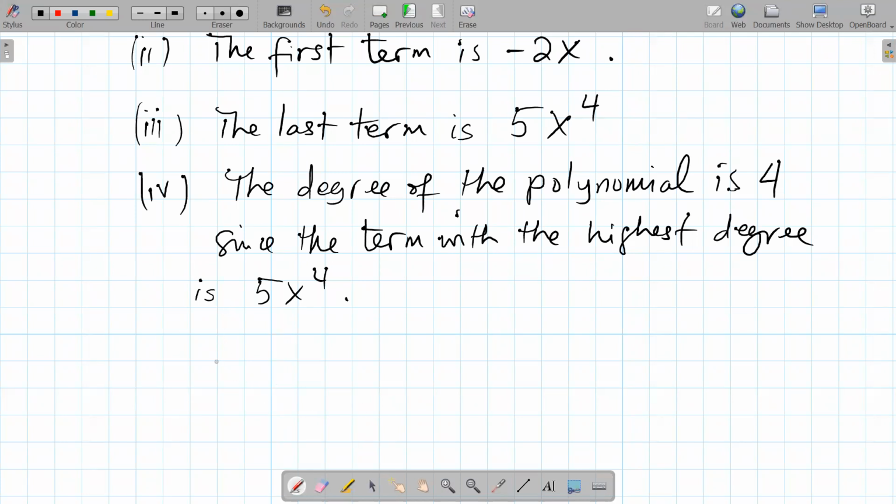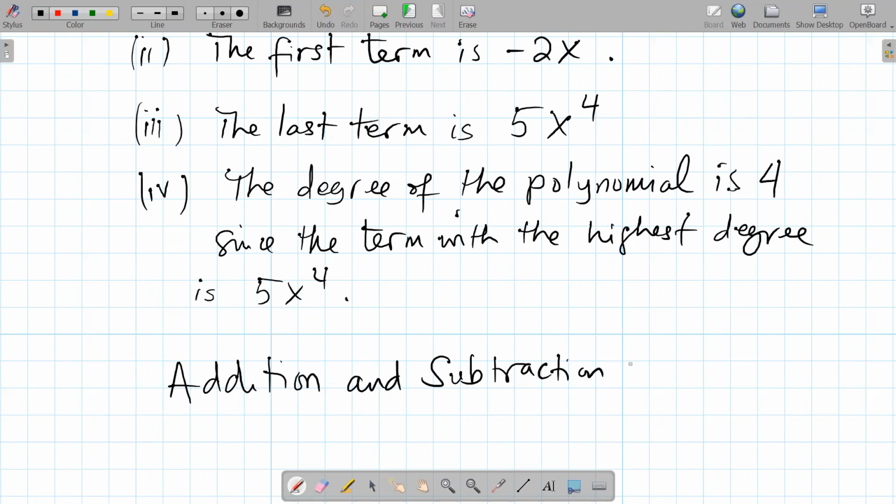Now let's look at how we can add and subtract polynomials. So let's talk about addition. Subtraction of polynomials.